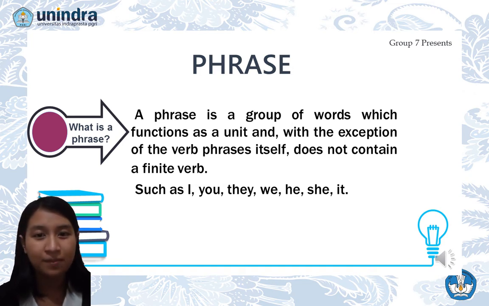Before we jump deeper into phrase, we need to be able to know and differentiate finite and non-finite verbs. The difference is that a finite verb always has the existence of I, you, they, we, he, she, and it, or what we call pronouns and subject, while a non-finite verb doesn't have any subject.